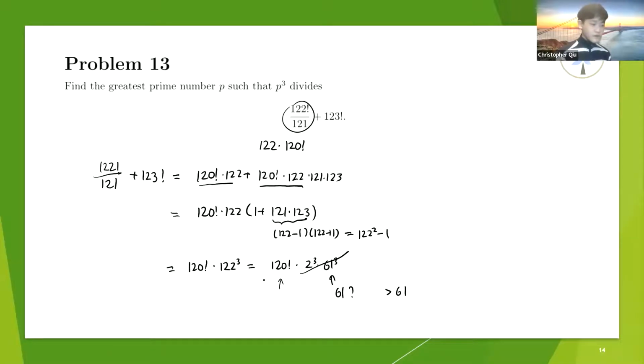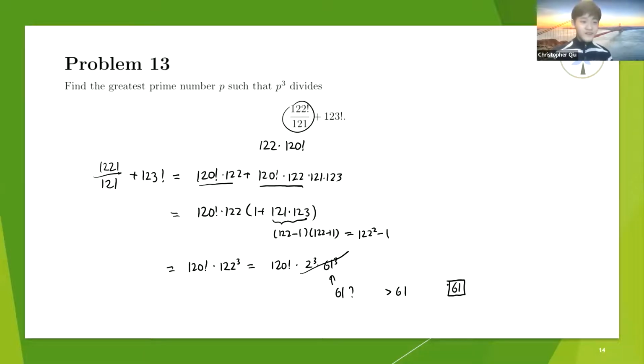Because, for example, if we have 67, we cannot have two factors of 67 inside 120 factorial, because that would require us to have a term for 67 and a term for 134 at the very least. So now we've proven that the greatest possible prime number p such that p cubed divides this number is 61. And so that is our answer.